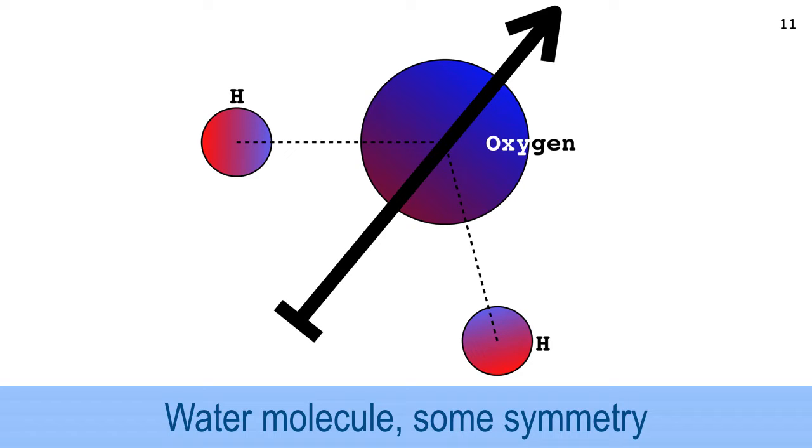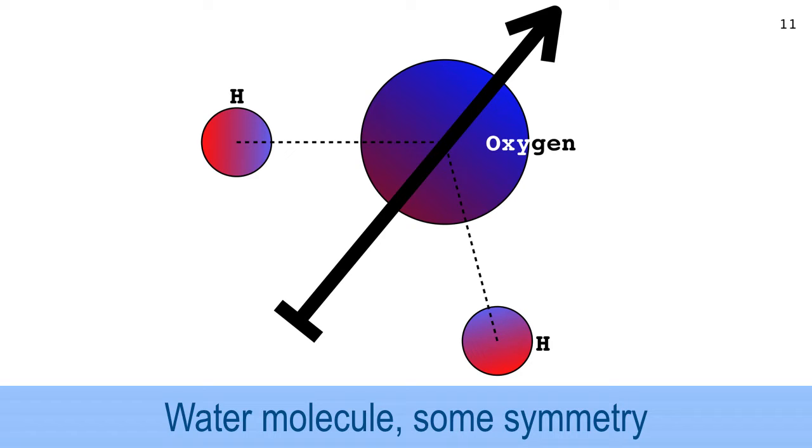It gives it kind of a V shape, and for that reason, the far end of the oxygen atom is kind of negative. Each hydrogen is basically a proton with an electron, but the binding of the hydrogen to the oxygen means that the electron from the hydrogen is going to be somewhere between the hydrogen and the oxygen atom.